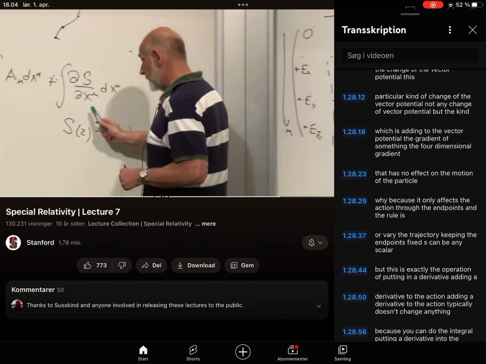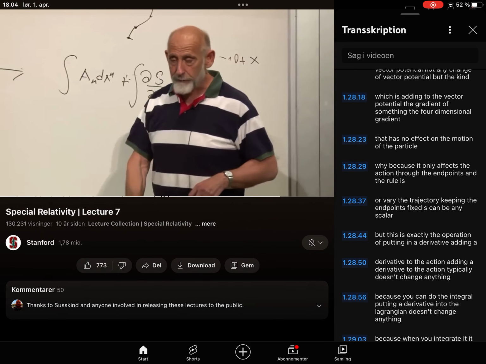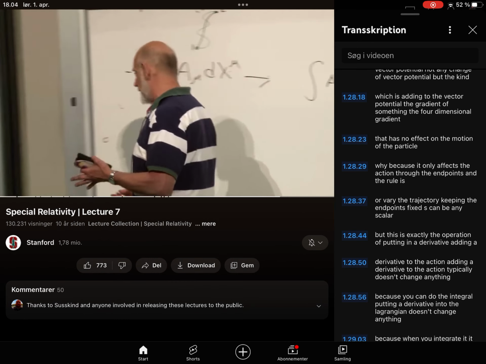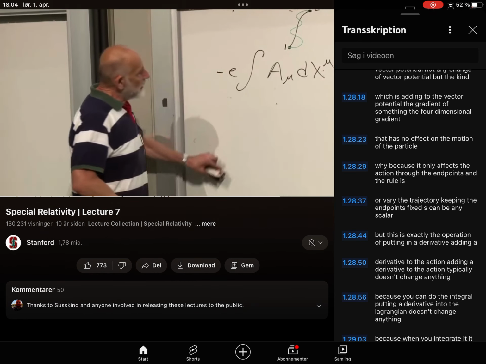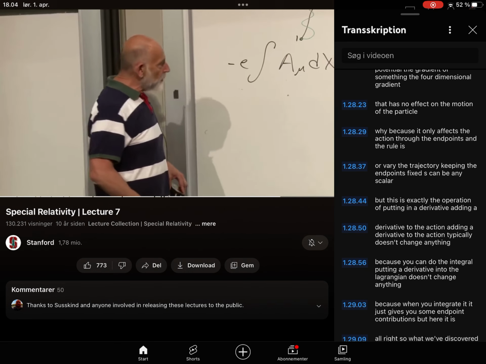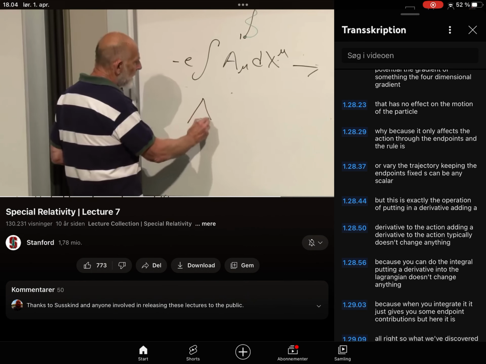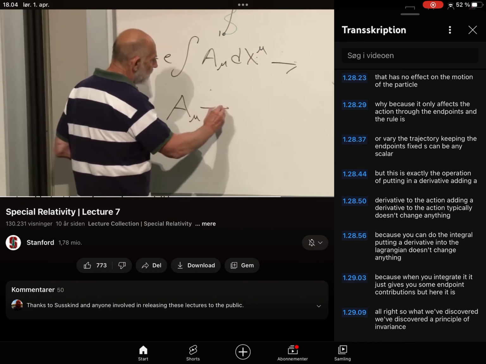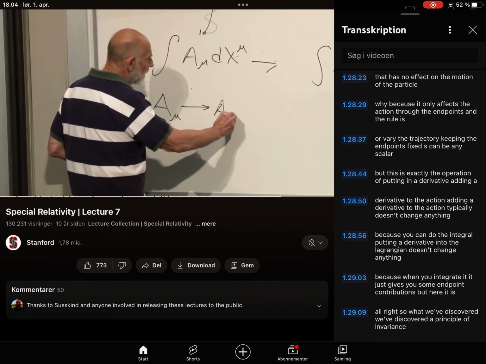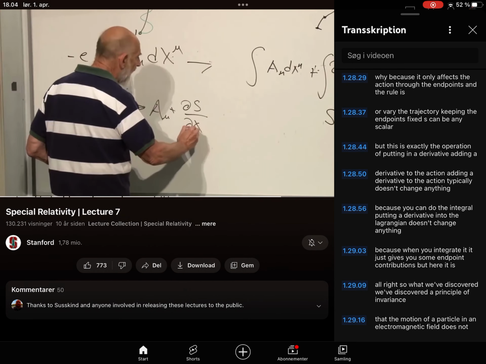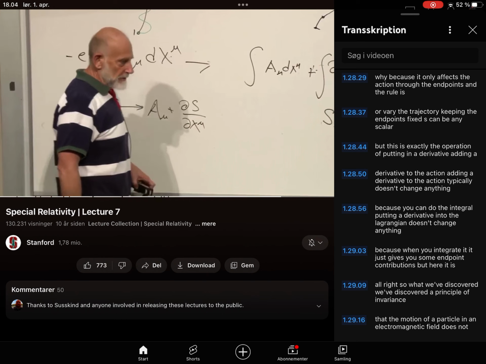But here it is. All right, so what we've discovered is a principle of invariance, that the motion of a particle in an electromagnetic field does not change if you take A_mu to A_mu plus dS by dx^mu, for any S, doesn't matter what S is.